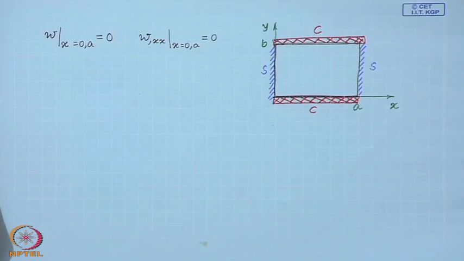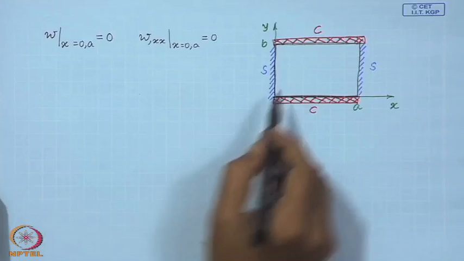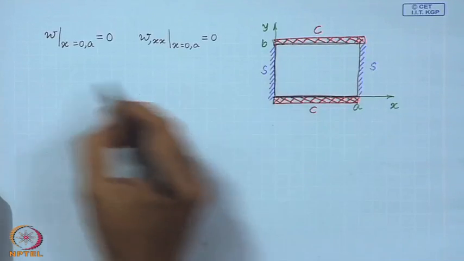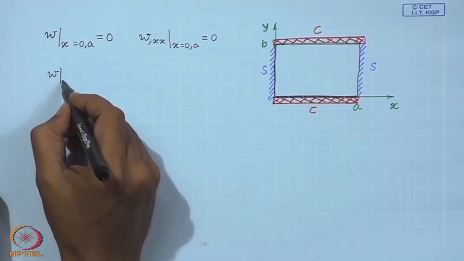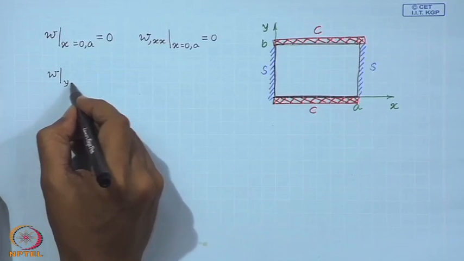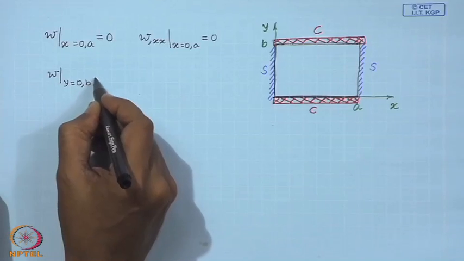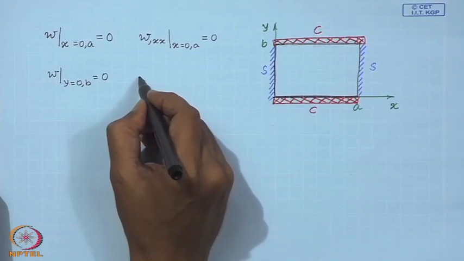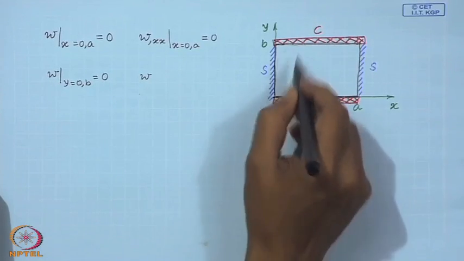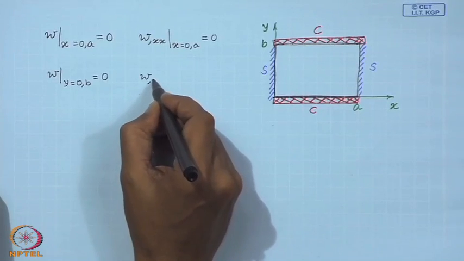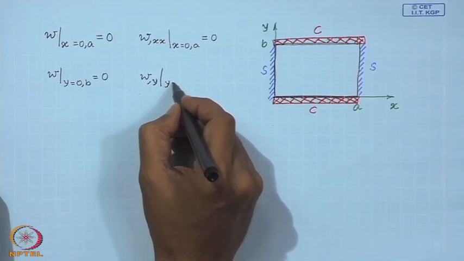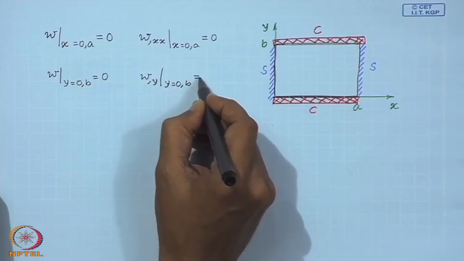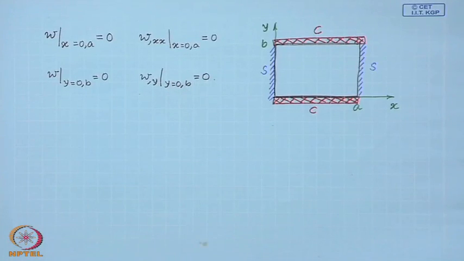These also must be 0 at the simply supported edges. For the clamped edges, we have the displacement at y equal to 0 and b as 0, and we have the slopes at these two edges as 0.